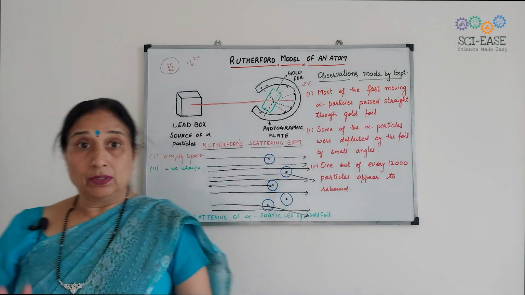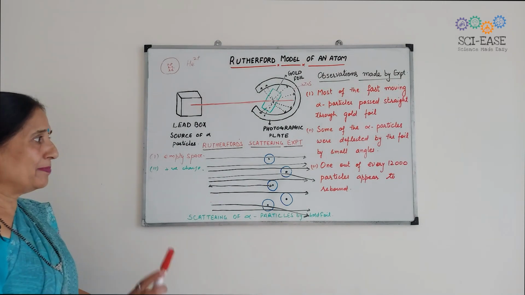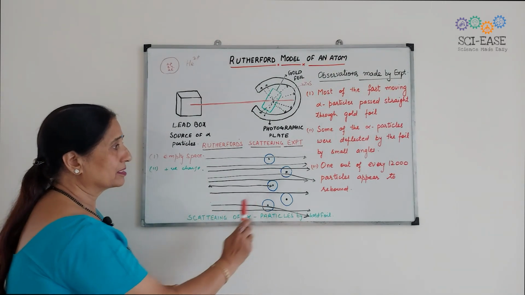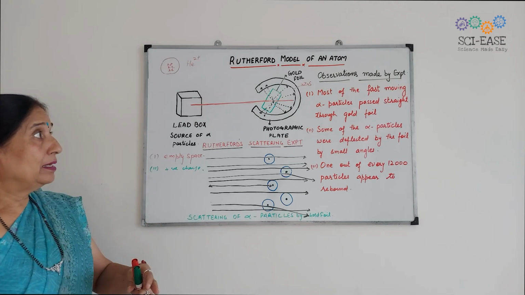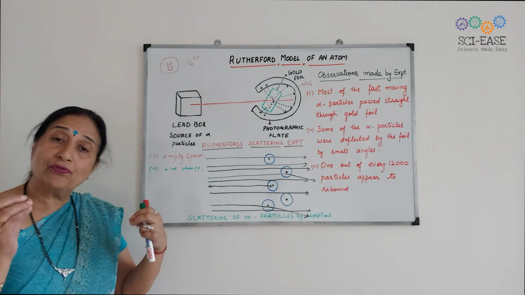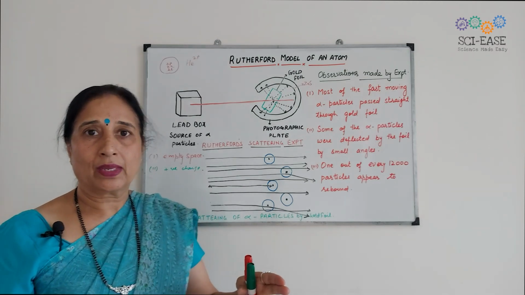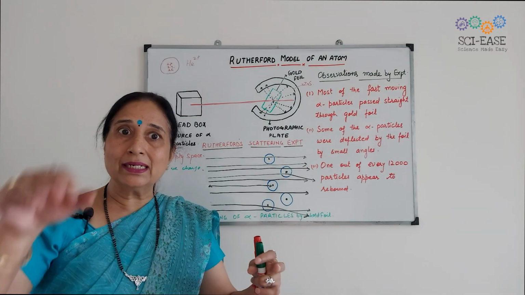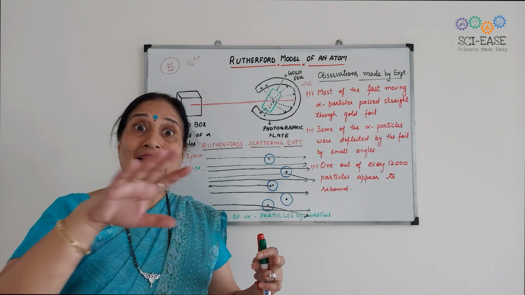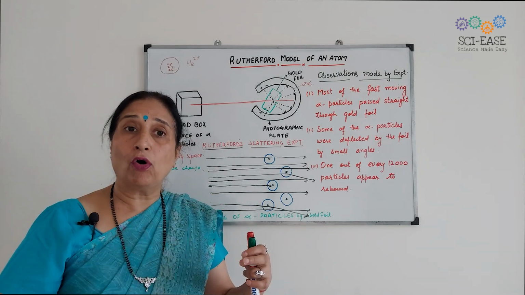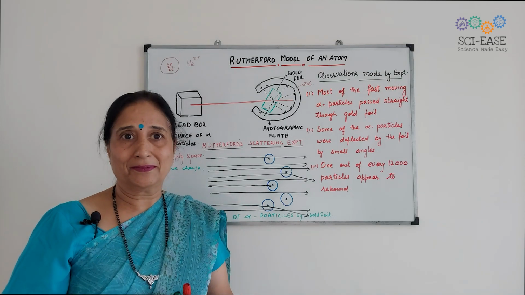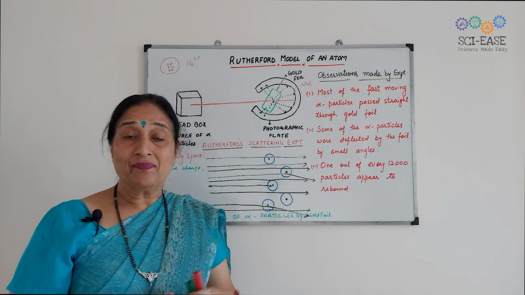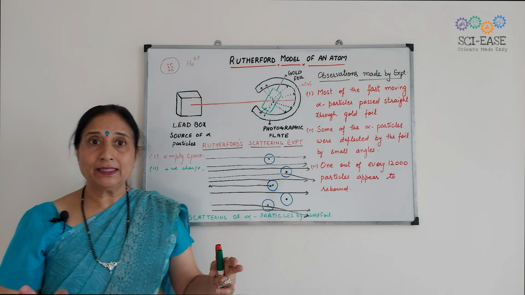So, Rutherford's experiment, this alpha particle scattering experiment by the gold foil, is very useful. This means that these electrons revolve around the nucleus. Okay, this is very important.